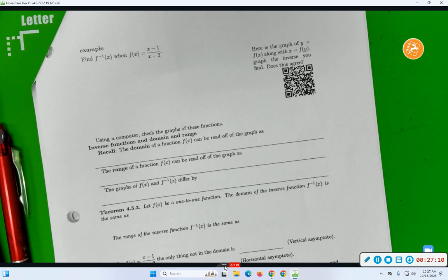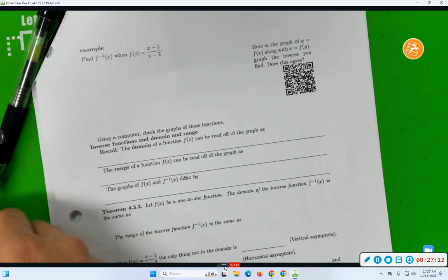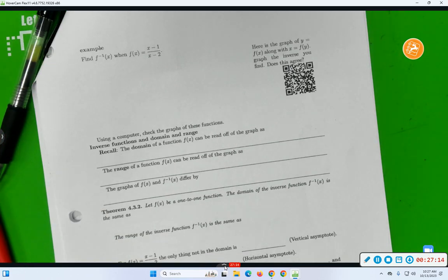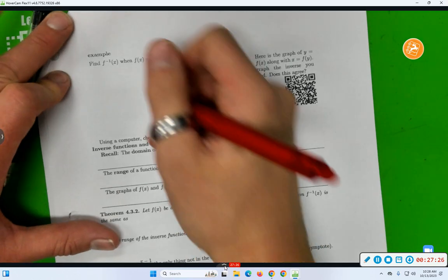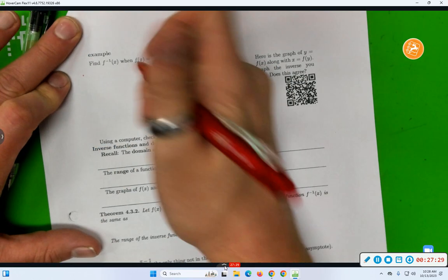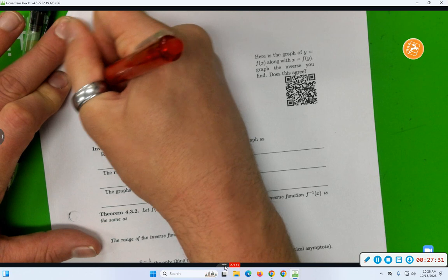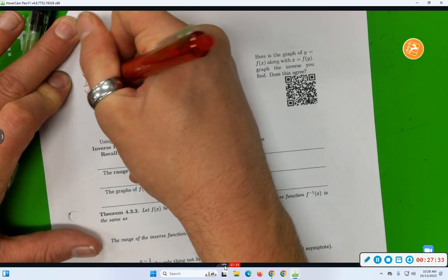So I want to find this inverse function. I have an idea of what the inverse to this function means. I want to swap inputs and outputs. So I'll imagine swapping the input and the output, and then I'll do some algebra to solve for the output. So I'll swap inputs and outputs. That will give me (y minus 1) over (y minus 2) equals x.